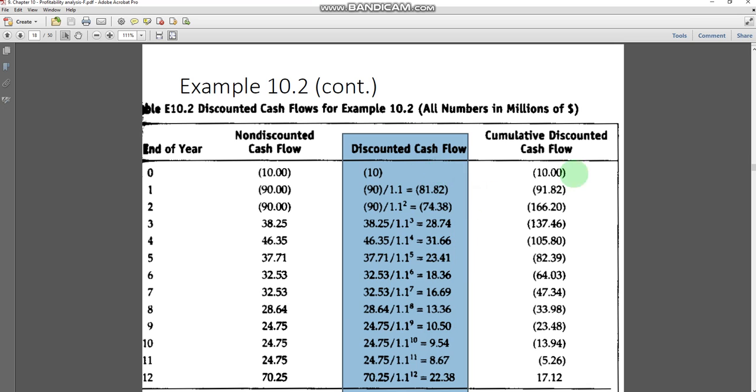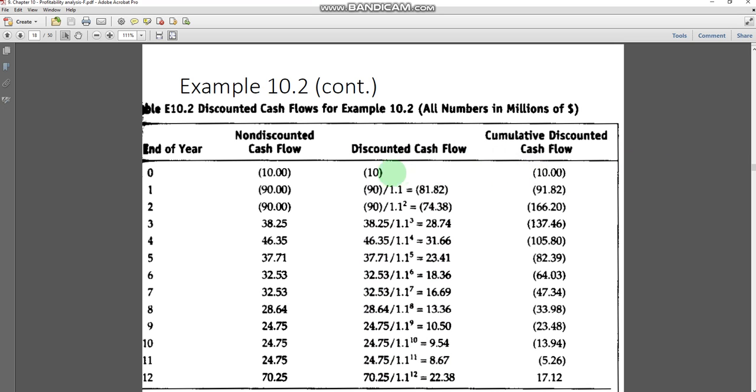Now, the same way, we have to add the previous term to the next one. For the cumulative discounted cash flow, the initial value is 10, we can start from here, then we add 10 to 81 and get the new value. We add 91 to 74, the new value, and so on. We keep adding these terms together until year 12, and the number that we get here represents the net present value.